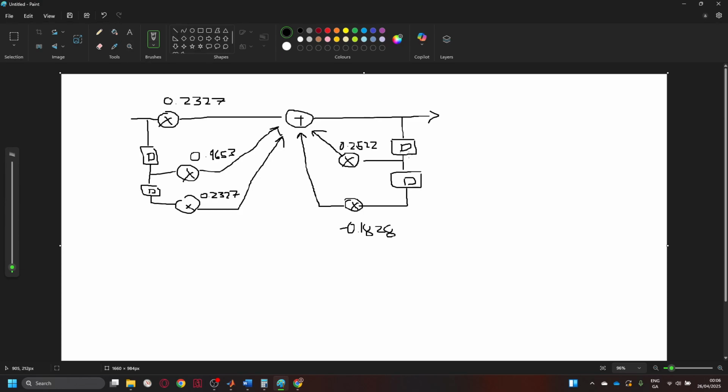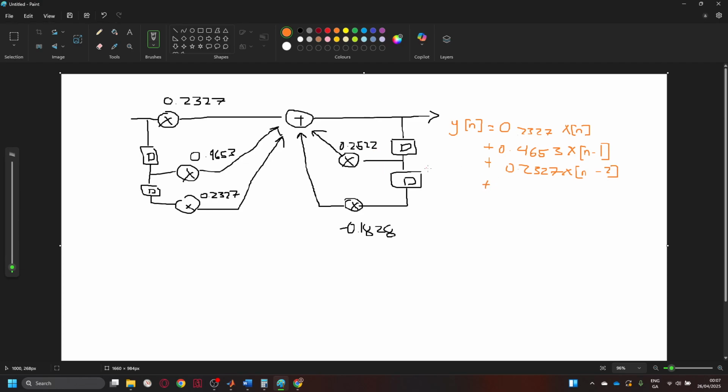So y of n is equal to 0.2327 multiplied by x of n, plus 0.4653 times x of n minus 1, plus 0.2327 times x of n minus 2.